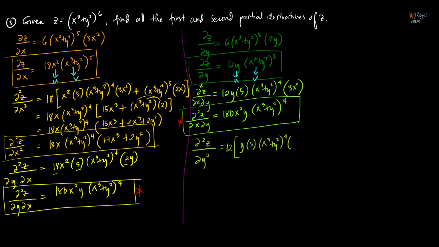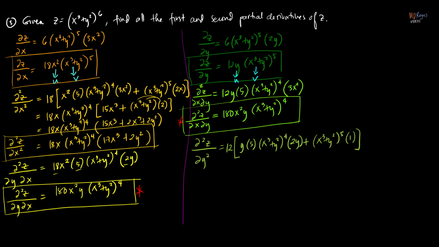So the derivative of this base with respect to y is just 0 plus 2y, plus v, which is x cubed plus y squared to the 5th power, times the derivative of y with respect to y, which is just equal to 1.